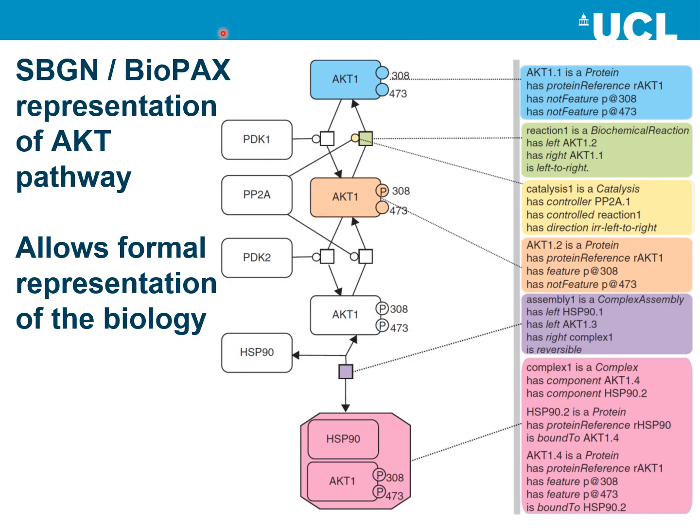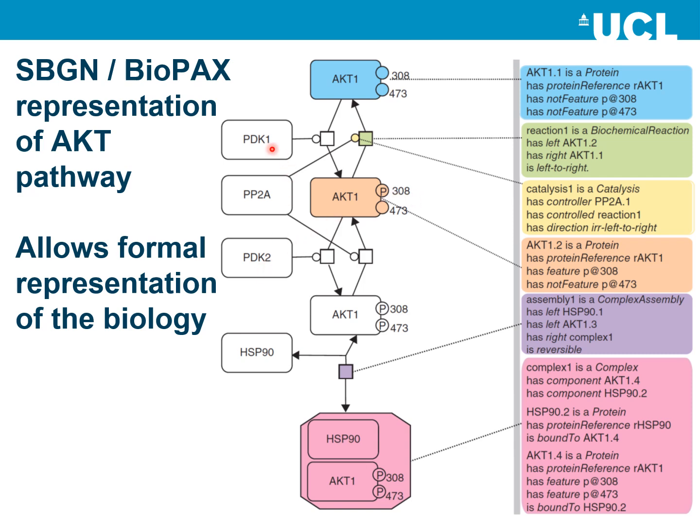So this shows part of the AKT1 pathway in SBGN, a graphical notation. You can see it starts with AKT1 with no phosphates. This shows a catalytic reaction by this enzyme, which will phosphorylate it to get a phosphate at 308.